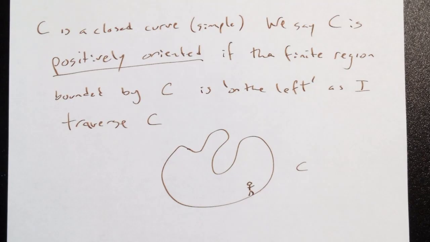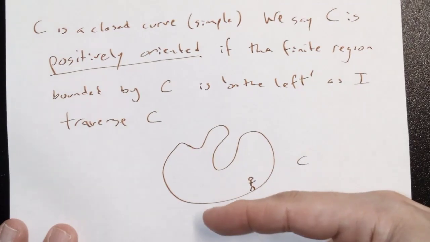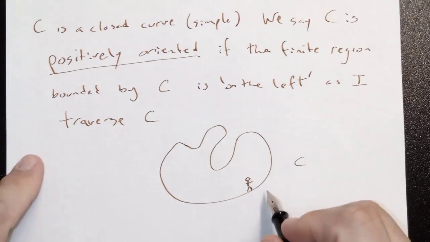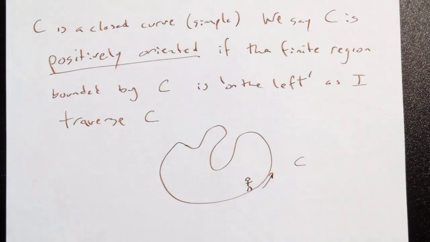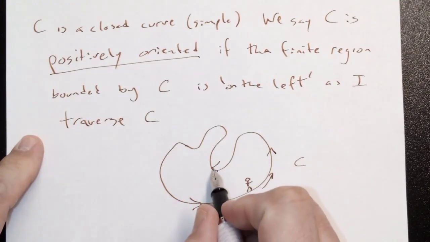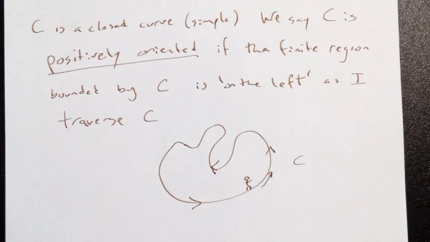If they start to take a step forward and the inside of the curve is on their left hand, which way are they walking? Are they walking this way or are they walking this way? I'm going to go that way, aren't I? As I walk, my left hand will be on the inside of the curve. So this direction, that's the positive orientation.